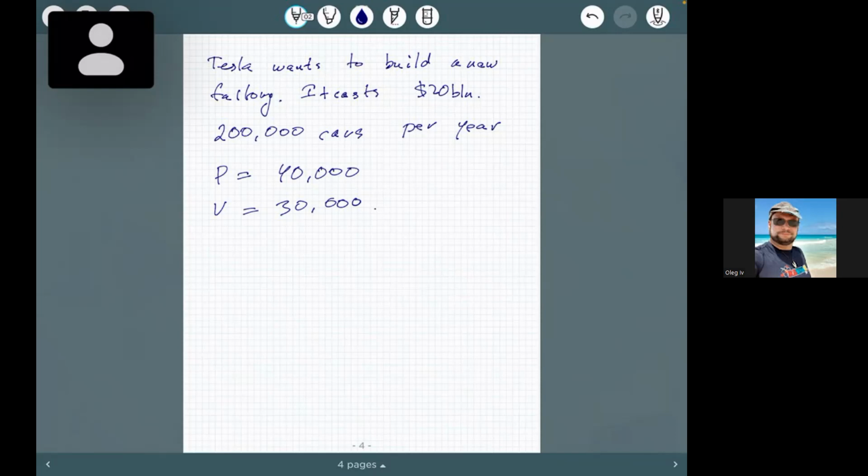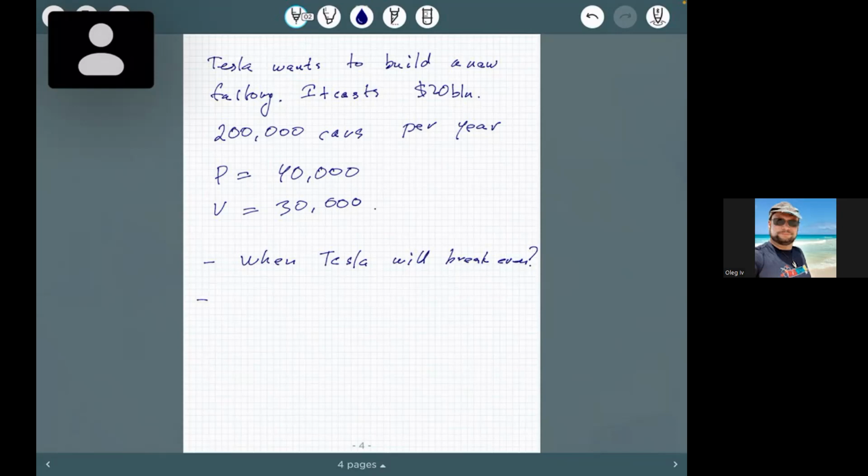So we can have: when will Tesla break even? Question number one. You can also set a profit.